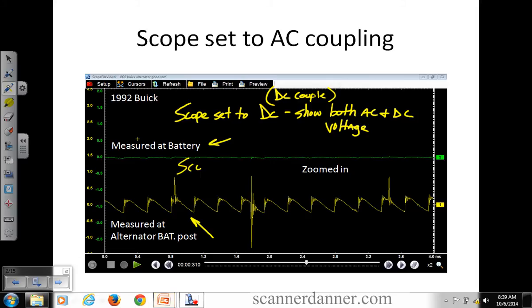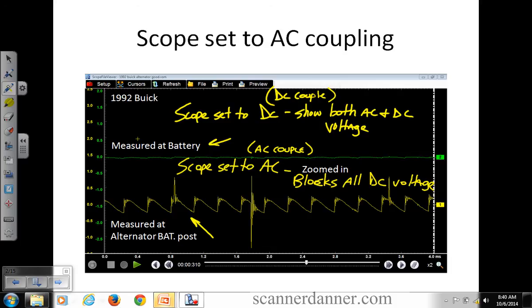A scope set to AC, also known as AC couple, if I AC couple my scope, it blocks all DC voltage. Does that make sense? It's a way that I can zoom in on a diode pattern on an alternator.